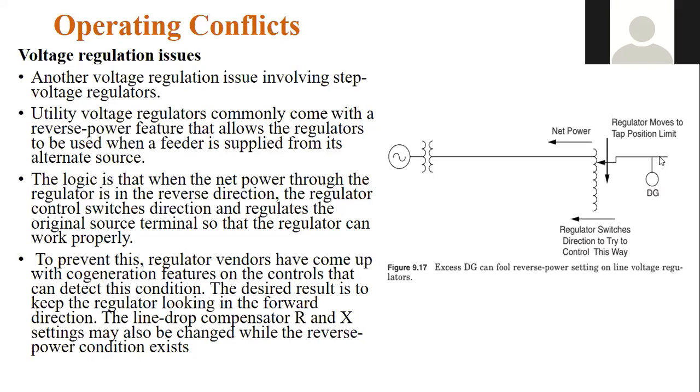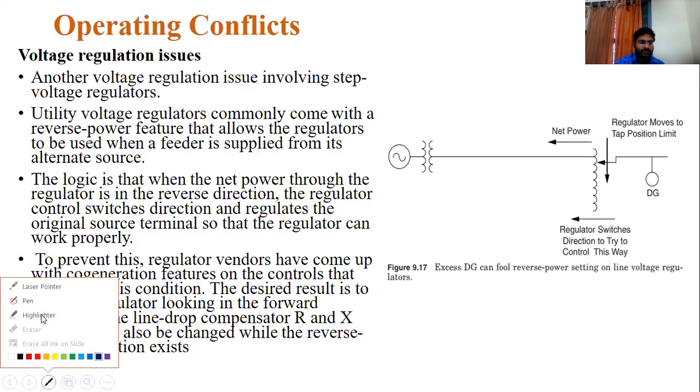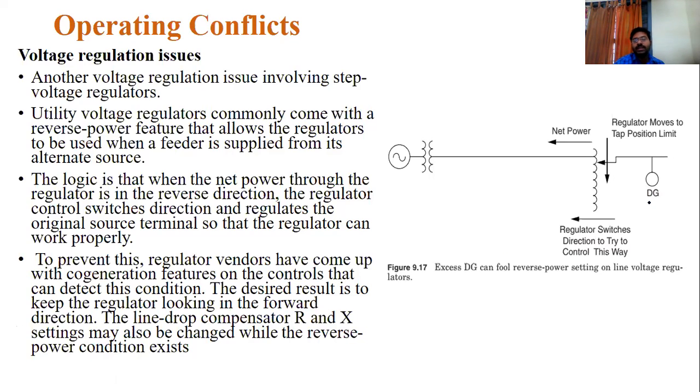You can observe this DC. Okay, this DC is connected. Remember, DC is connected on the voltage regulation switch side. Remember this side. This is the transformer, the regulator transformer. One side is connected to the feeder, and the other side is connected to the DC.